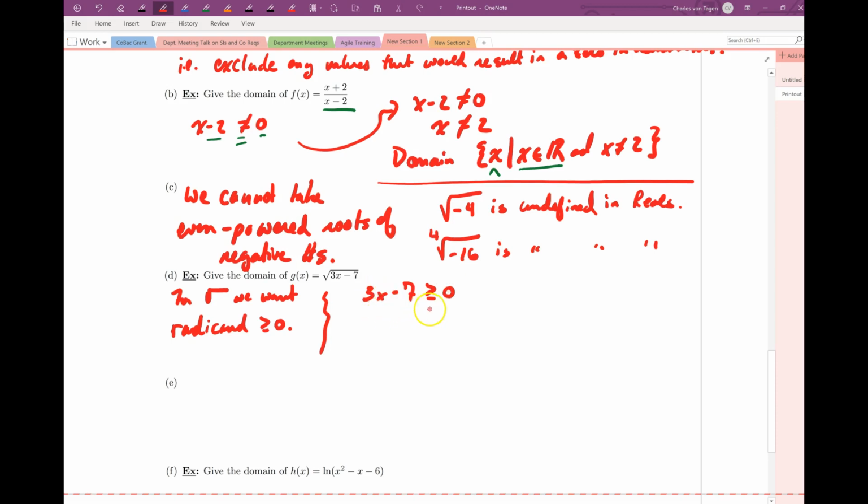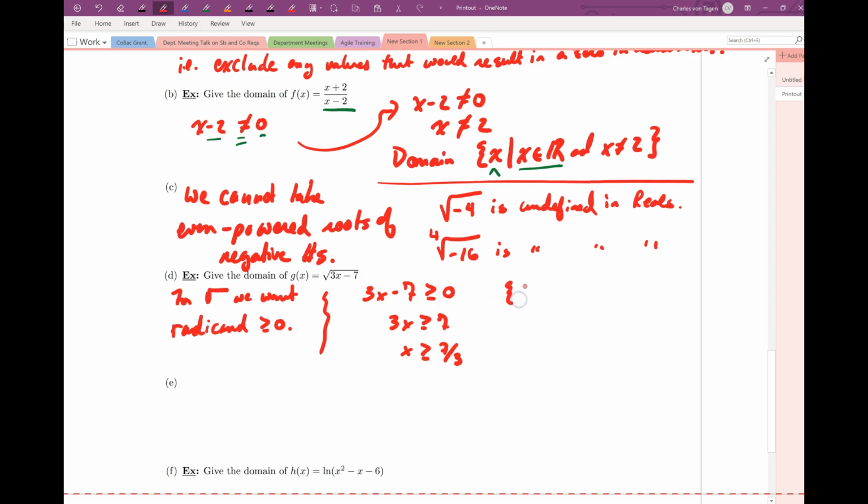Now we can go ahead and just solve this as we would any other inequality. So this gives us 3x minus 7. 3x must be greater than or equal to 7, or that x must be greater than or equal to 7/3. So what's the domain of this function?